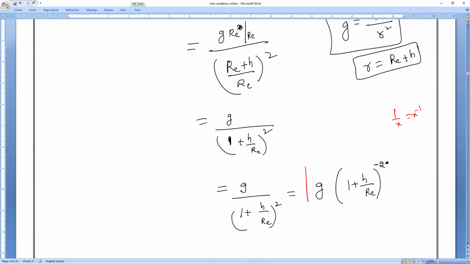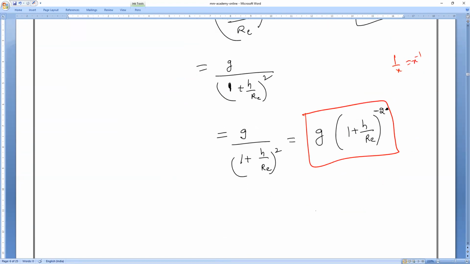Same way it is. So this is the most standard formula. You can calculate the G dash value anywhere above the ground. G dash is equal to G into (1 plus H by radius of the earth) to the power minus 2, or 1 by it, you can write it.